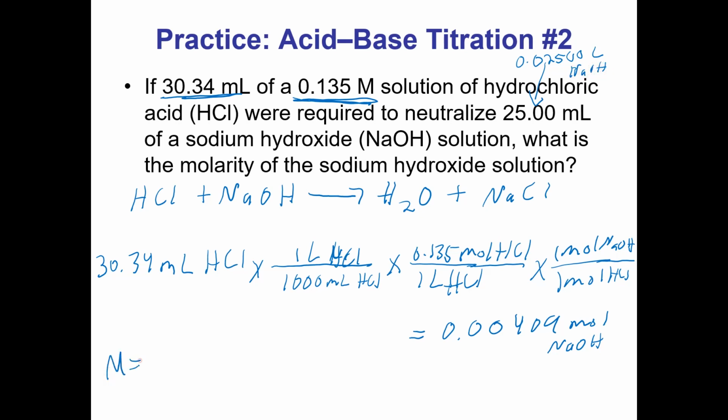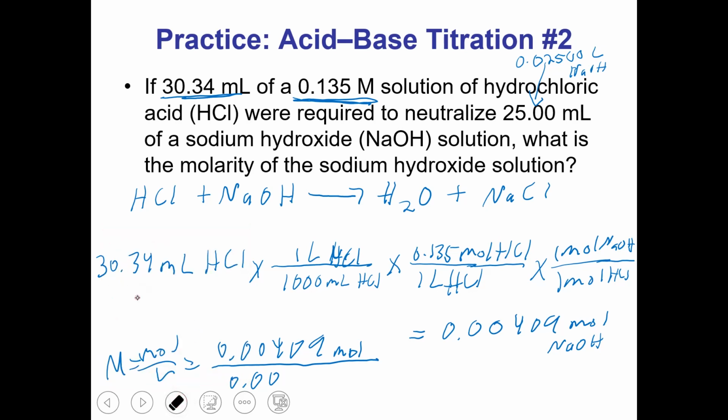So if we take molarity as moles per liter, we take the 0.00409 moles, divide it by 0.02500 liters, adding an extra 0 here. And if you divide that out, that comes out to 0.164 molar sodium hydroxide.